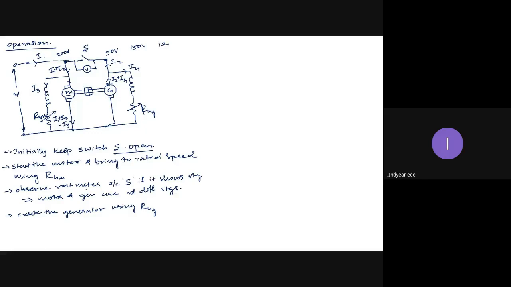Excite the generator using RHG until the generator develops voltage equal to the supply value.